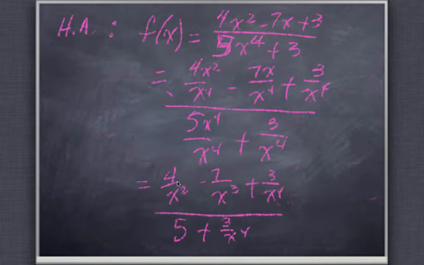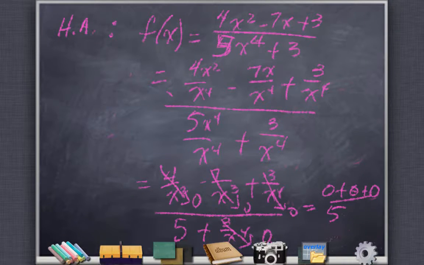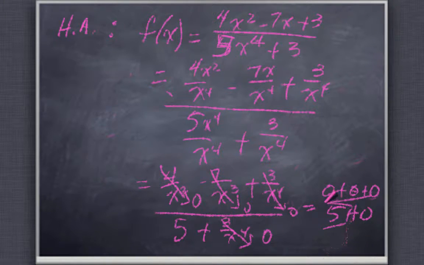We just said that a number over x to a power goes to 0, so this goes to 0, this goes to 0, to 0, to 0, and that's 5. So 0 plus 0 plus 0 over 5 plus 0. The only thing that gets to survive is the 5 because it had the highest degree, so they canceled and it got 5.